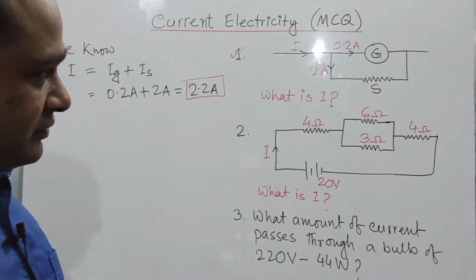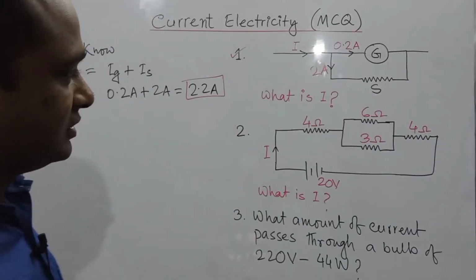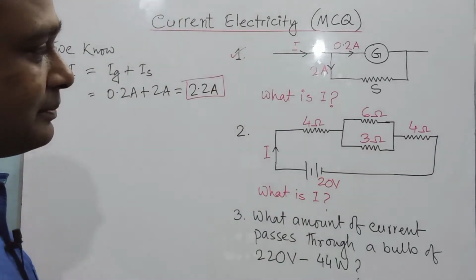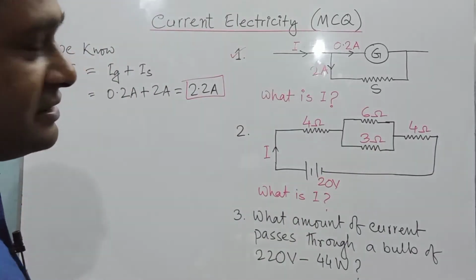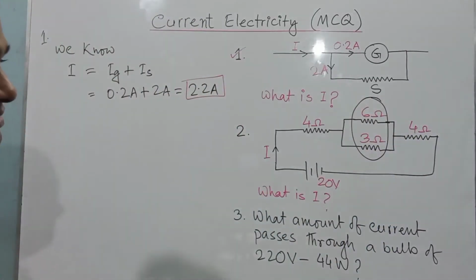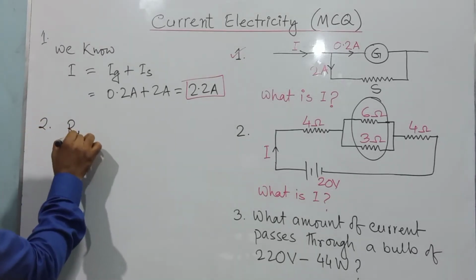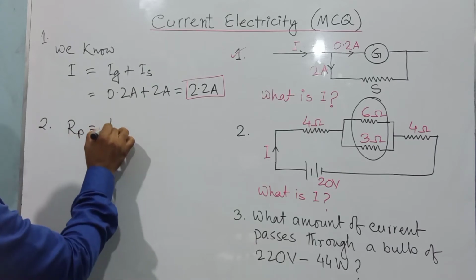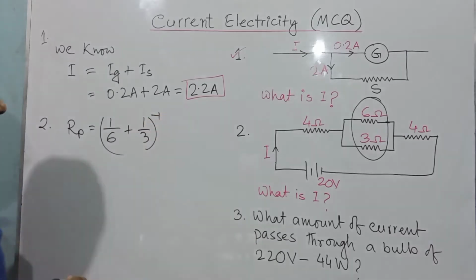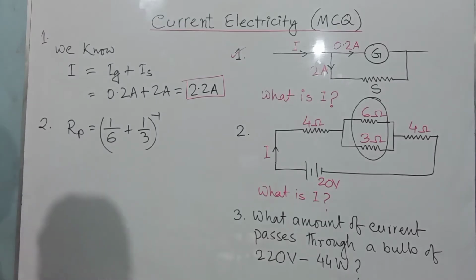To calculate the main current, first we have to calculate the equivalent resistance of this combination. Dear students, here 6 ohm and 3 ohm are connected in parallel. If the equivalent resistance of the parallel combination is denoted by Rp, we know Rp is equal to the inverse of the summation of the inverses of the individual resistances, that is, 1 by 6 plus 1 by 3, inverse.